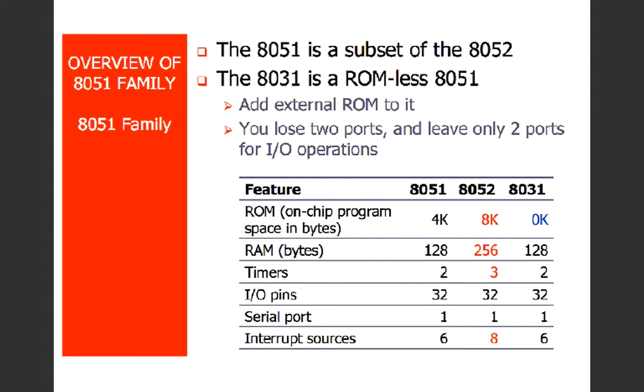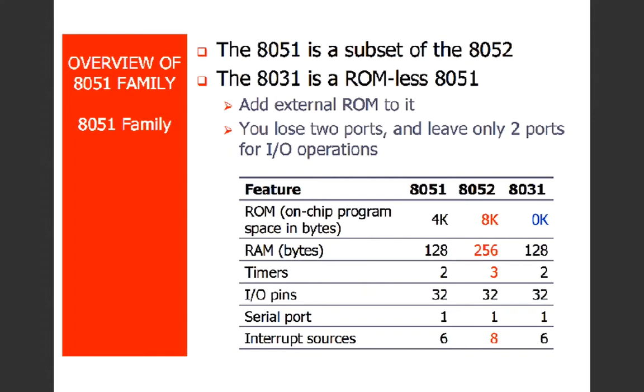And the 8031 has no read-only memory. The RAM in 8051 is 128 bytes. The RAM in 8052 is 256 bytes. And the RAM in 8031 is 128 bytes.